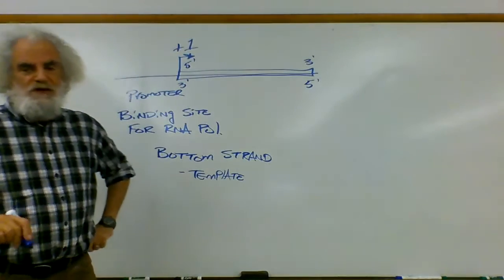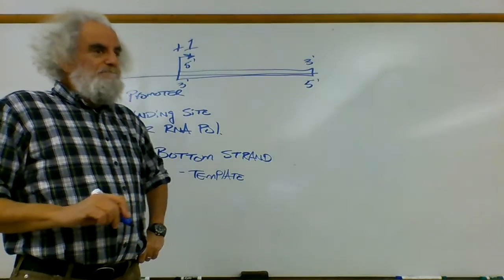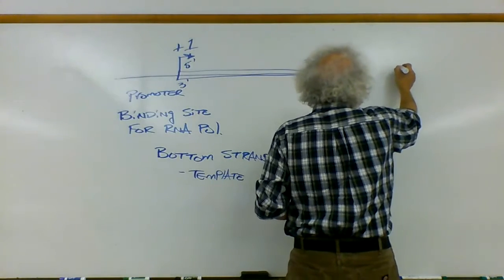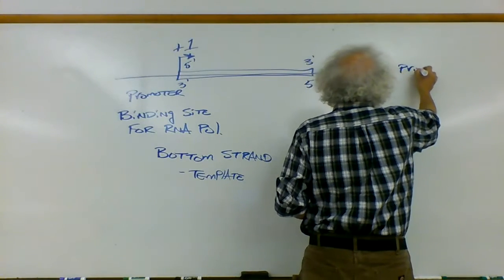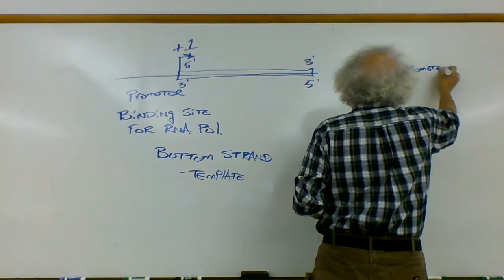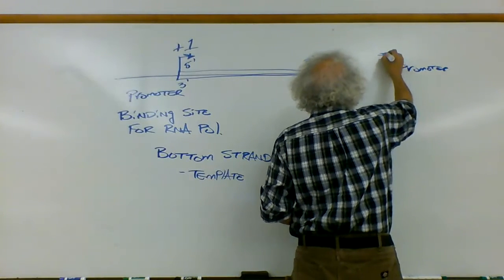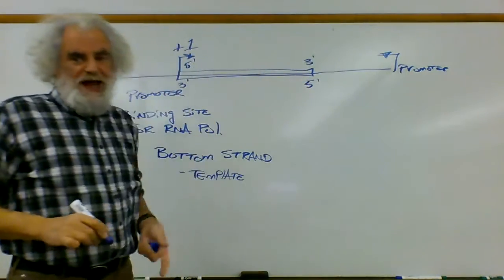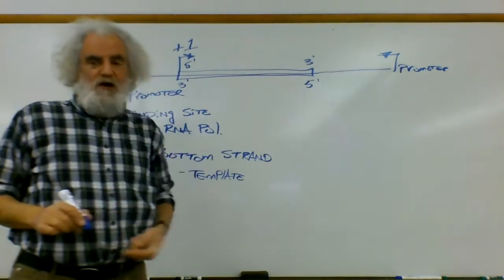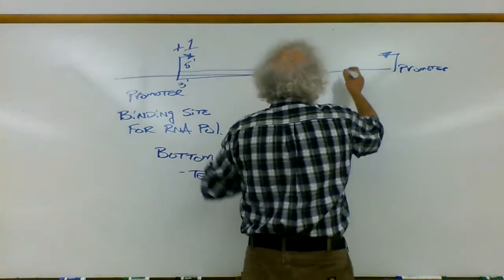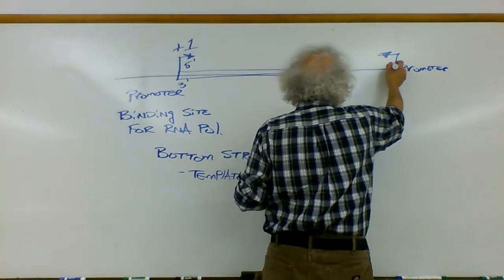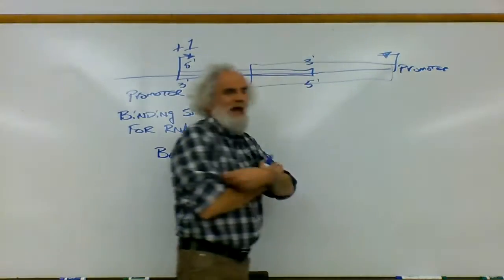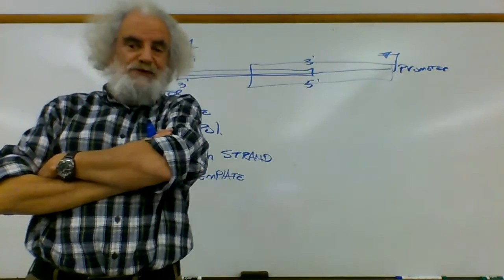Now, just as a point of standing on your head, there's no reason that you couldn't have a promoter over here running this direction and actually either overlapping or having a portion of the RNA in this gene. So the structural gene for another gene would run like this. So having overlapping genes that run in opposite directions absolutely happens.